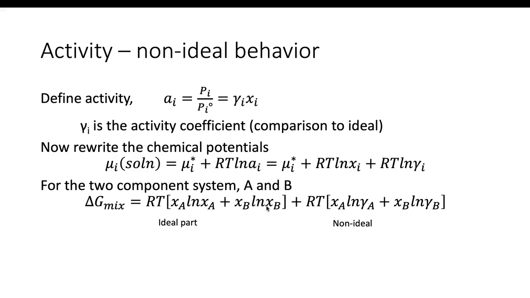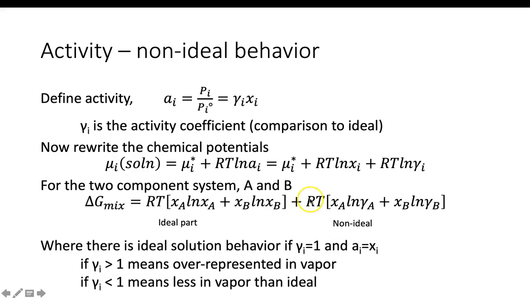So what does it mean in terms of the activity coefficient? If this activity coefficient is 1, it's ideal solution behavior. This part drops out. Actually, the activity is the same as the mole fraction, and everything's great. It's all just following Raoult's law. But if the activity coefficient deviates from 1, so if it's greater than 1, let's say, what does that mean?